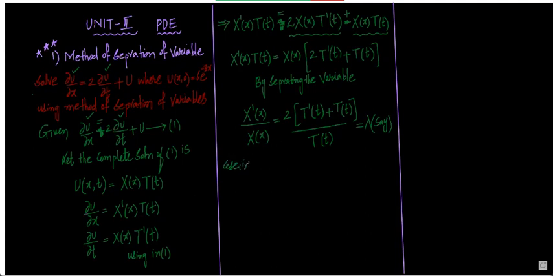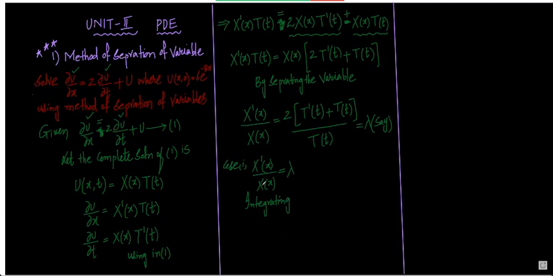Every time in the method of separation of variables, we are going to apply this method only. Even when solving the wave equation or heat equation, we apply this process only. This is equal to, suppose it is equal to lambda, right? Now integrating on both sides. Now look at the differentiation of denominator is numerator format here.